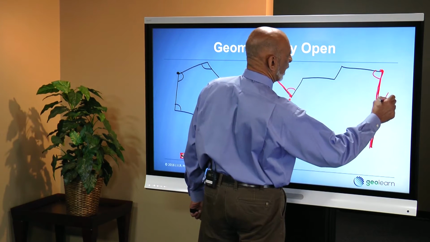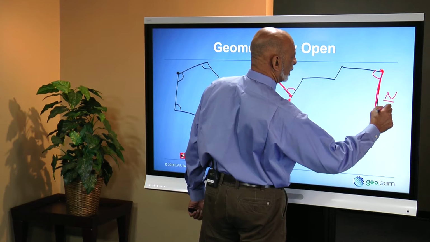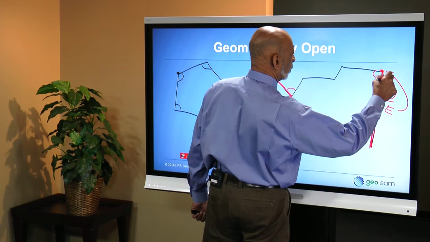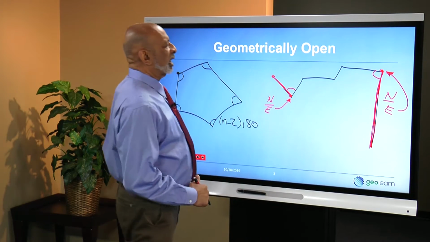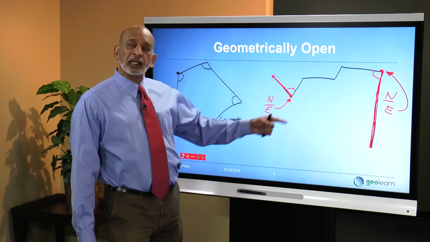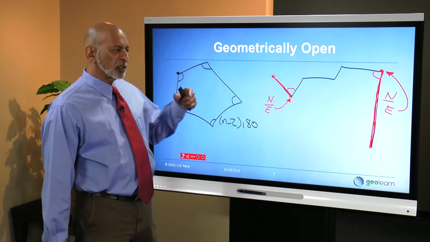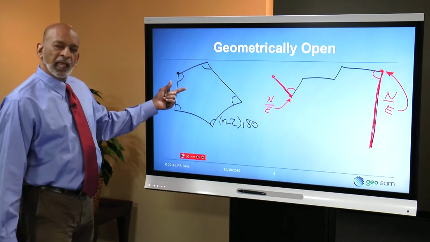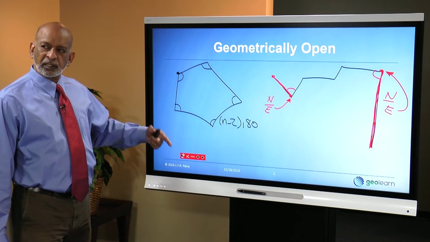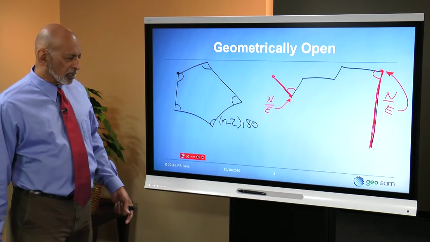And if you also have coordinates, meaning a northing and an easting for this point over here, then you have essentially a mathematically closed figure, even though it's geometrically open. It's as mathematically closed as this figure here on the left. And that's the difference I want you to understand.